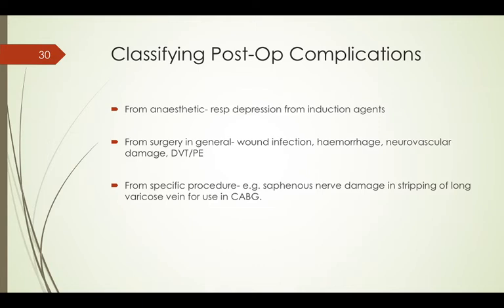And now we're going to be moving on to specific post-op complications. Just one example here: saphenous nerve damage, because the long or great saphenous vein is often used in a coronary artery bypass graft.